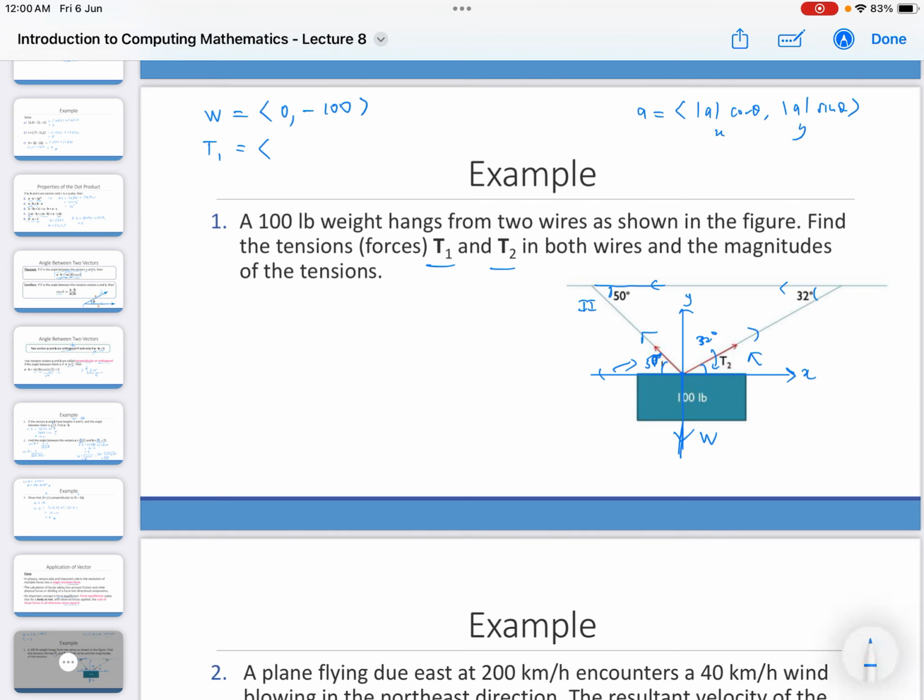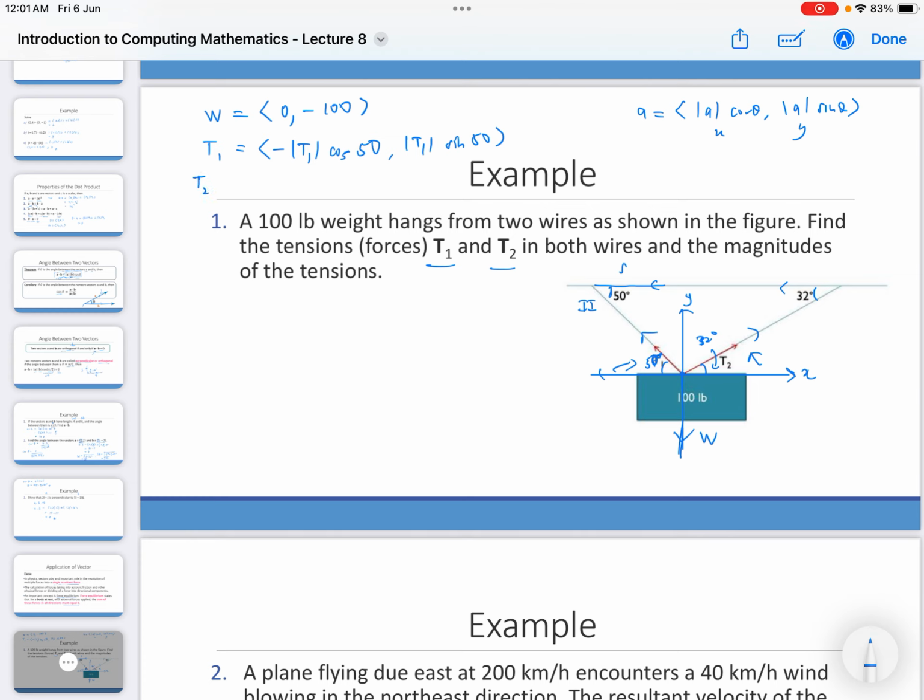The same goes for T1 and T2. So for T1, the x component, or horizontal component, will be the norm of T1 cos theta, where theta here is 50. And if you remember, this one is in the second quadrant, so only sine is positive. That means cos will be negative. The second component, or the y component, will be the norm of T1 sin 50, and sine is positive.